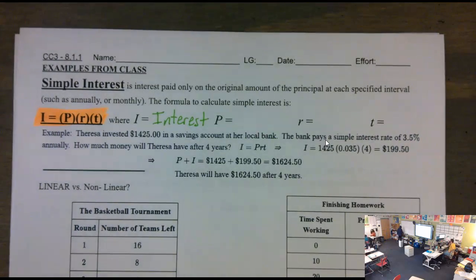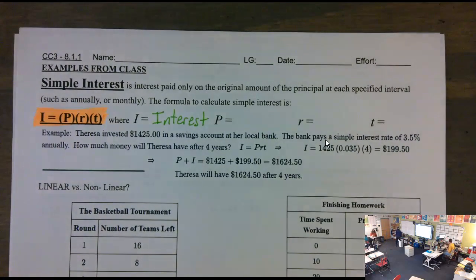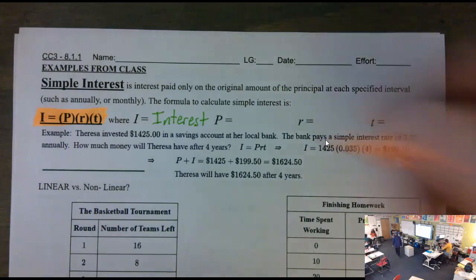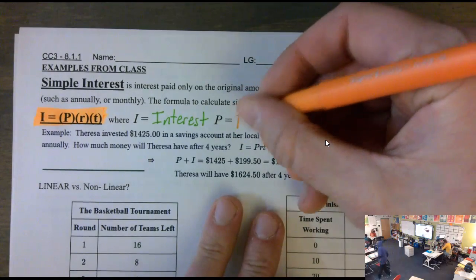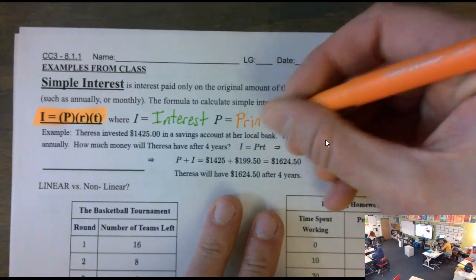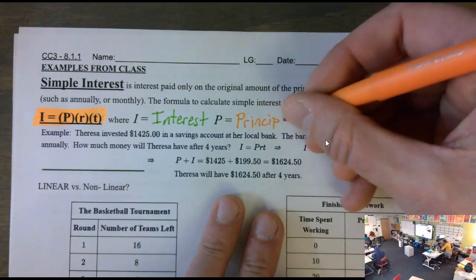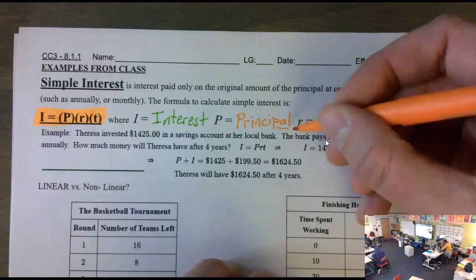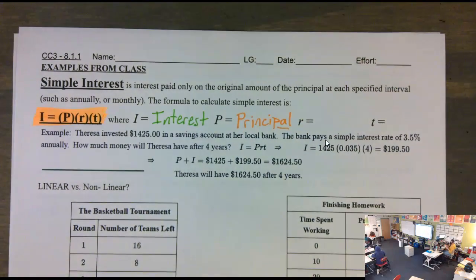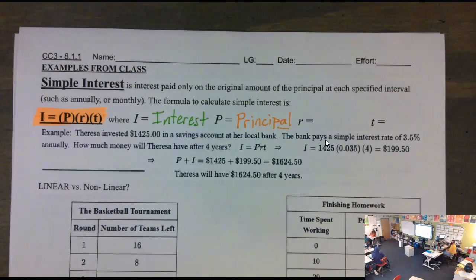P stands for principal. It means Mr. Flint. No. It means the amount we start with. But, hey, a lot of people get confused by this. The financial word principal is spelled P-A-L.